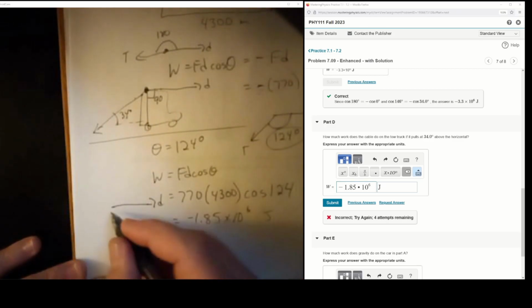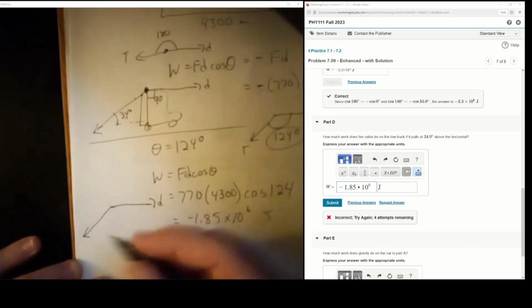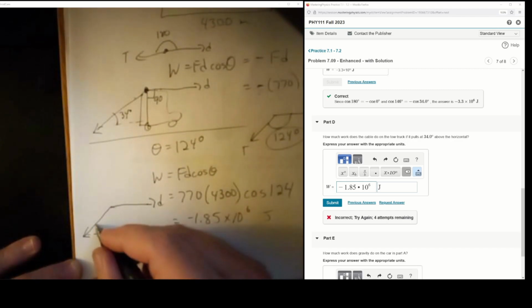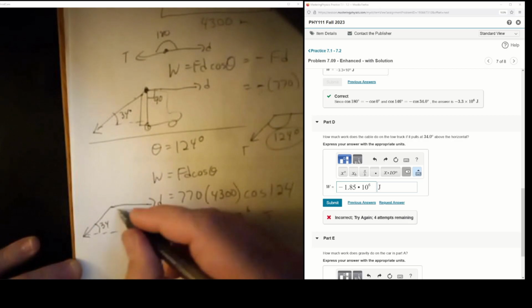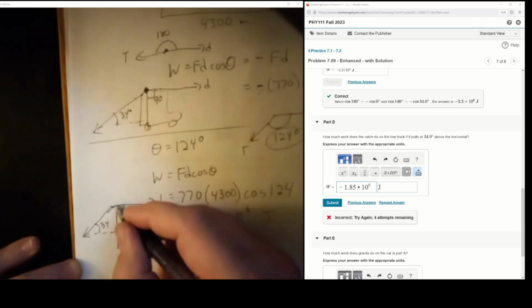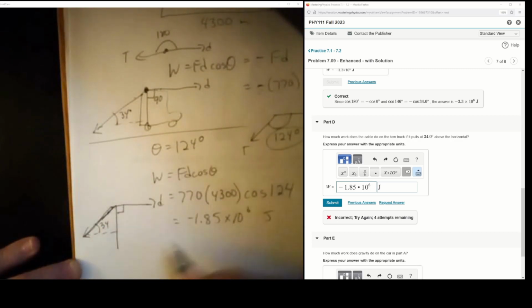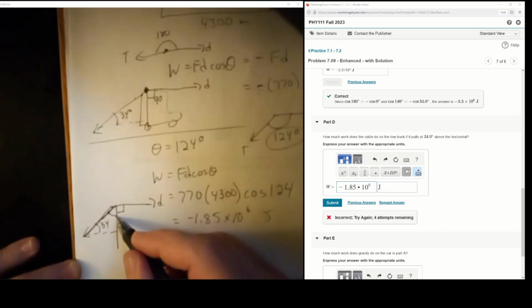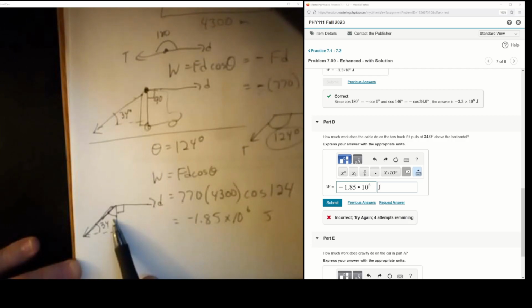Here is distance, our displacement. Here's our angle. Now the angle they actually gave us here is 34. Here is 90. The angle I actually need to add is this one. So I made a mistake by doing 90 plus 34 to get me that 124. I actually need to do 90 plus this angle here.